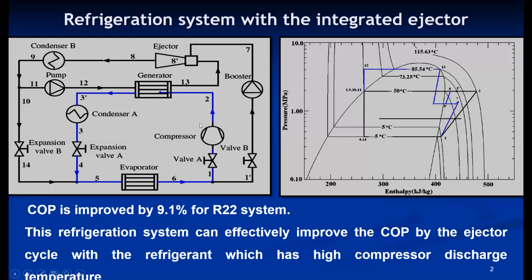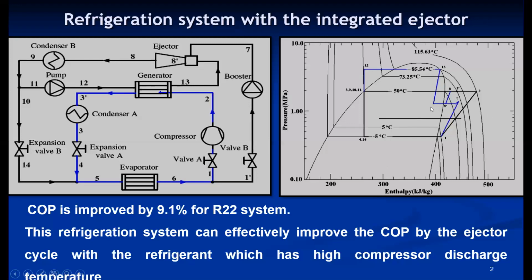The compressor heat is utilized to generate the primary fluid. So 12 to 13 is the generation. Then from 13 it enters into the primary nozzle, where it expands up to the booster pressure, at the mixing point 8 dash with point 7.